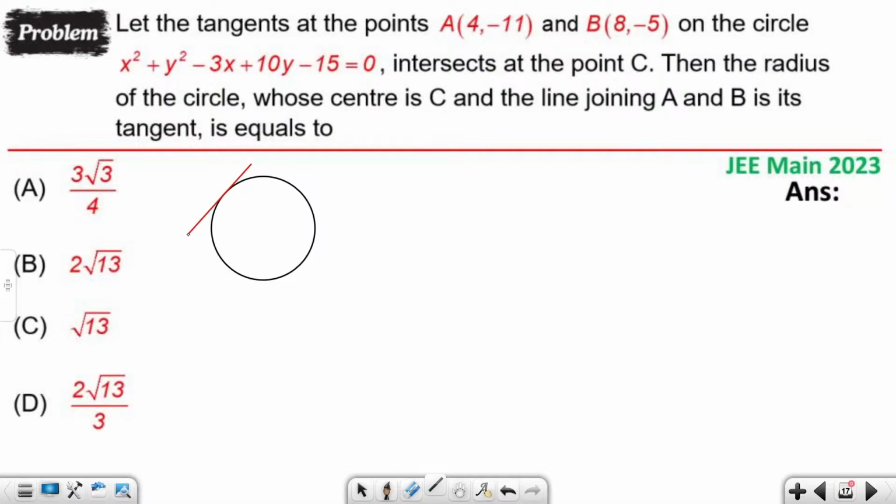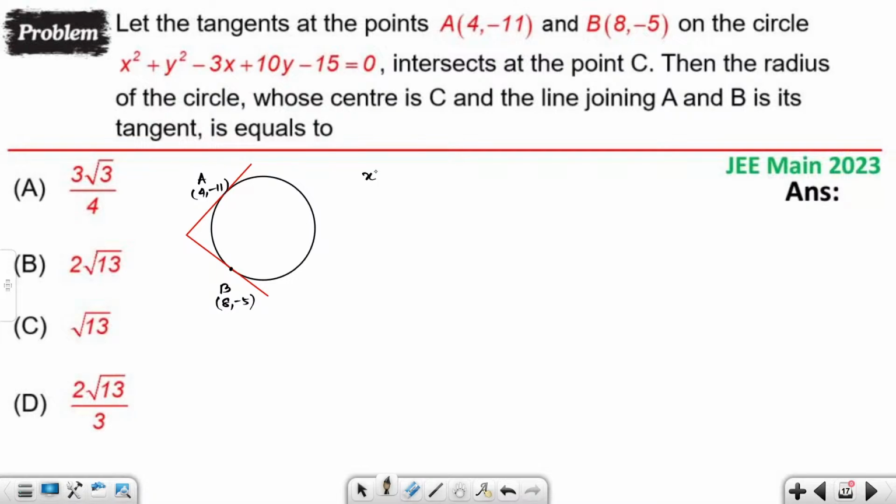Let us say this is my one tangent and this is my other tangent. Then they have said this point is A, which is (4, -11), and this point is B, which is (8, -5). Is it clear? These are the 2 points on the circle.